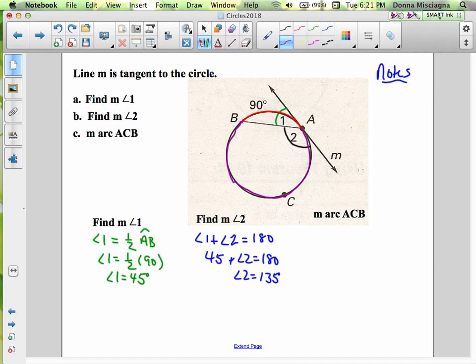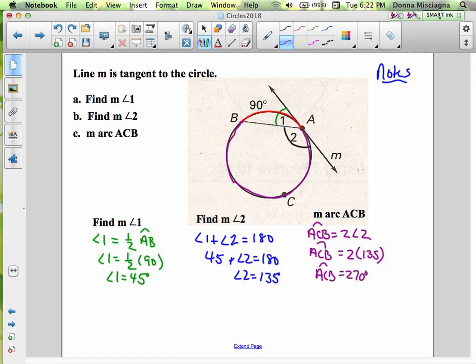So if we want to find the measure of arc ACB, we could use the fact that arc ACB is equal to twice the measure of angle 2. Since the measure of angle 2 is 135 degrees, the measure of arc ACB is 270 degrees.